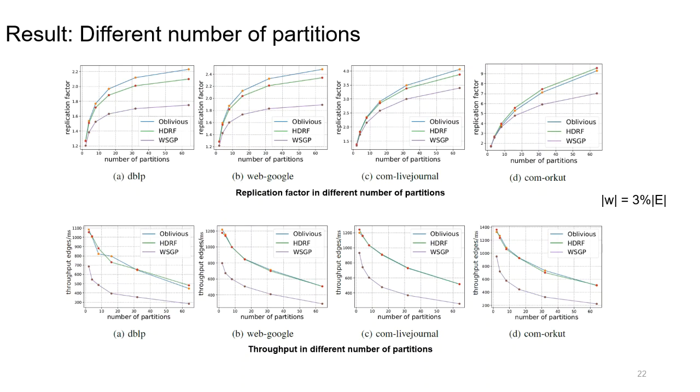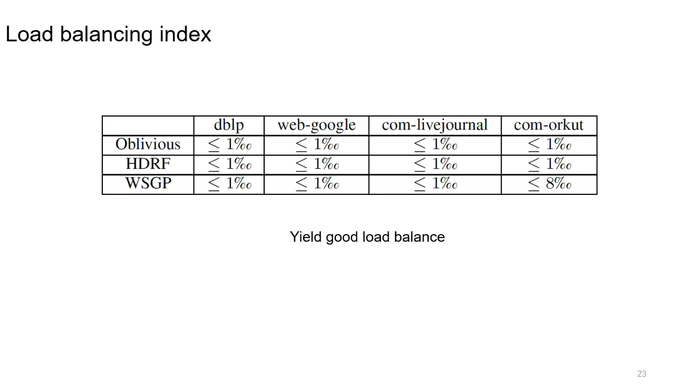So the top graphs show that with an increasing number of partitions, WSGP can significantly reduce the replication factor, and the four graphs on the bottom show WSGP is not so slow compared with other algorithms because in this scenario the window size is very small. For the load balancing index, for all the datasets, all the algorithms yield good load balance.